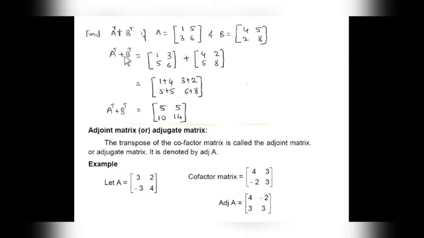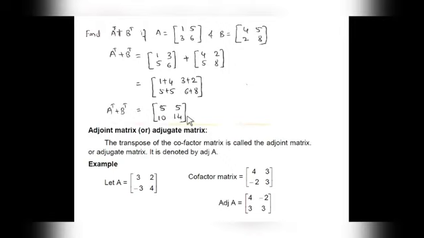That is, A transpose plus B transpose is equal to the transpose of matrix A, rows changed into columns, plus the transpose of matrix B, rows changed into columns. Now I'll add the corresponding elements. 1 plus 4, 3 plus 2, 5 plus 5, and 6 plus 8. The resultant matrix is 5 5 10 14. After adding the elements I get this matrix.